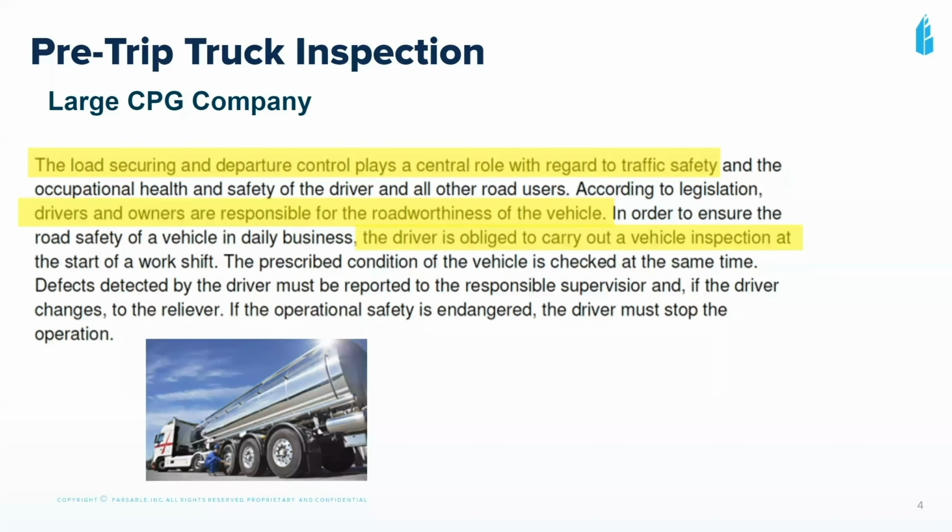So it's a typical compliance use case where they've been doing this for 25 years on paper, because the driver is obliged to carry out that vehicle inspection. Ultimately, the company is liable to make sure that the trucks on the road are safe and in good working condition. So very straightforward.